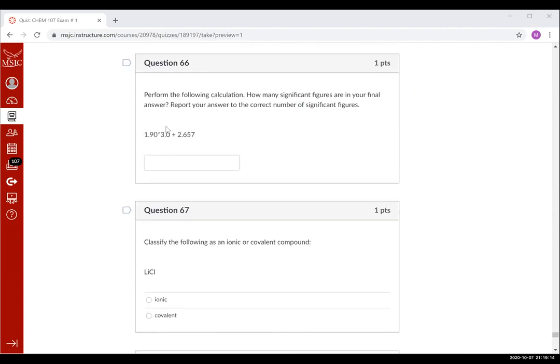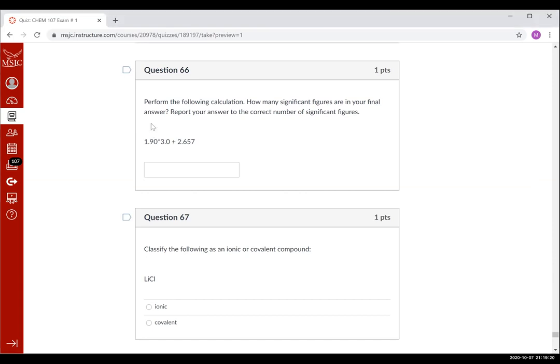So in the next case, we're dealing with another sequential operation. This time we're doing multiplication first. So we have 1.90 times 3.0, and that in turn gives us 5.7.